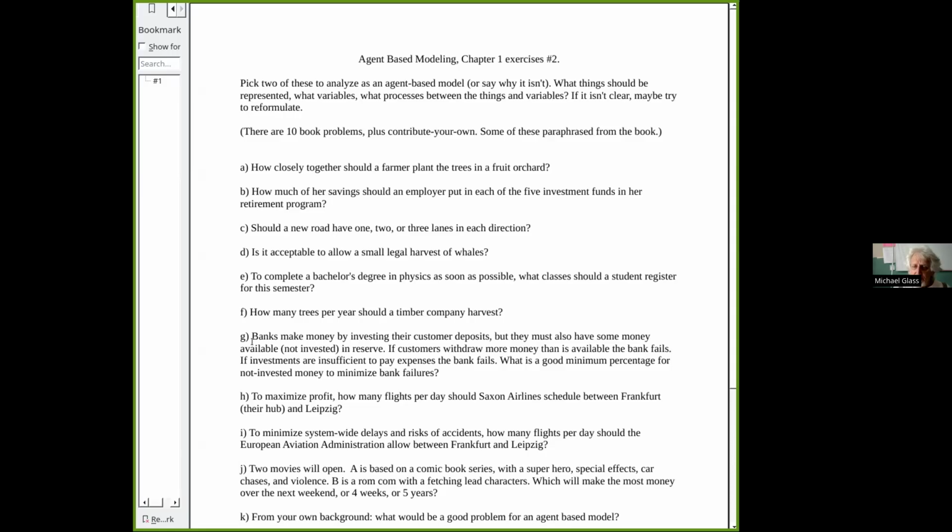This kind of problem was about banks. The way banks work is you deposit your money in the bank and they take 80% of it, or some percentage like that, and they invest that money. And of course, every dollar you put in the bank, people are eventually going to withdraw from the bank. So in order for the bank to operate, in order for it to pay its expenses, its investments pay off.